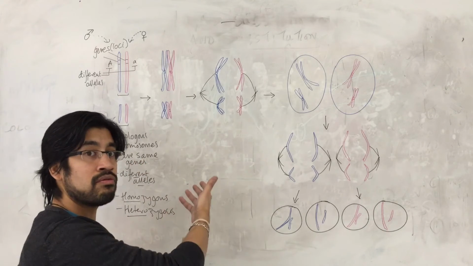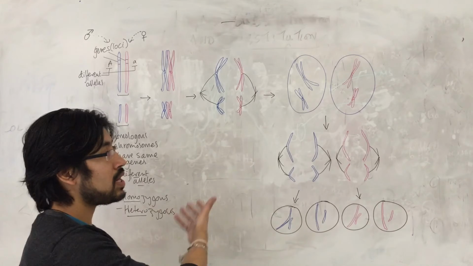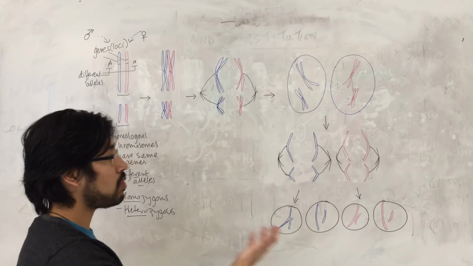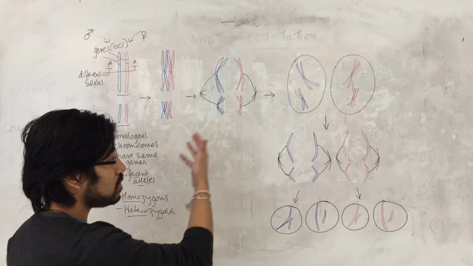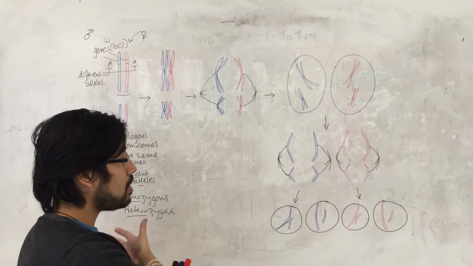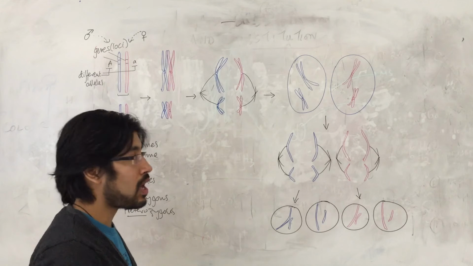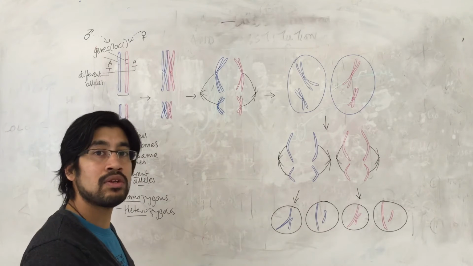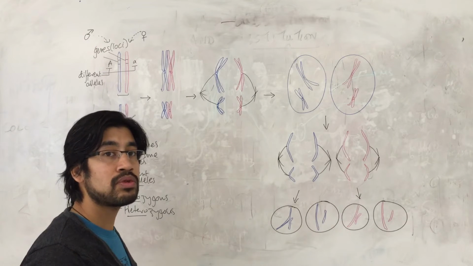Some of those variations will be adapted to the changing conditions, whereas others might not. But if we don't have variations, the environment might change, and none of our population might have any adaptations to that environmental change.